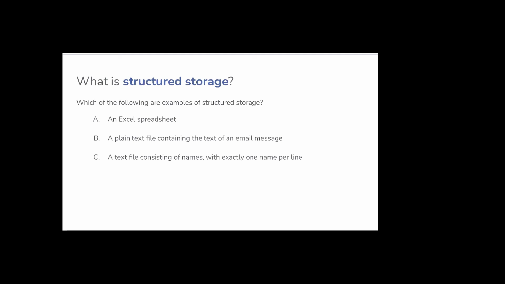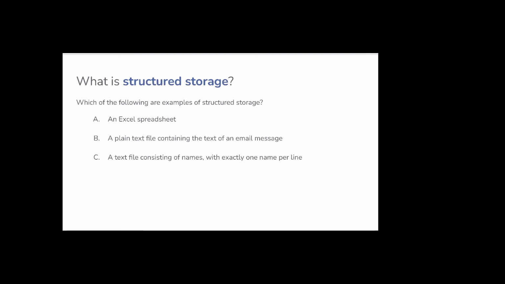Likewise, for a text file consisting of names, if we wanted to traverse from one name to the next, and there's exactly one name per line, it would be very easy to jump to the next name by jumping to the next line. Again, this enforces some sort of structure on our data that allows us to make assumptions about how we can interpret the actual file, or data in that case.